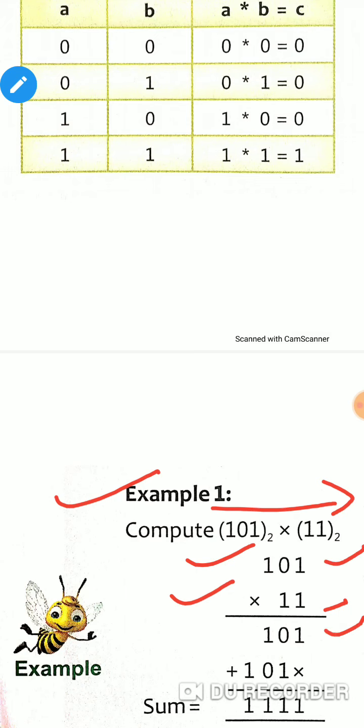Again the same number 101 is multiplied by 1, it becomes 101. Now add these two numbers, one 101 and the second 101 shifted. So 1 is 1, 0 plus 1 is 1, 1 plus 0 is 1, and 1. So the answer is 1111, four times 1.